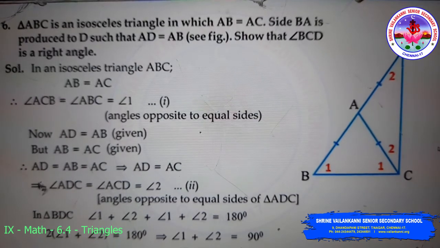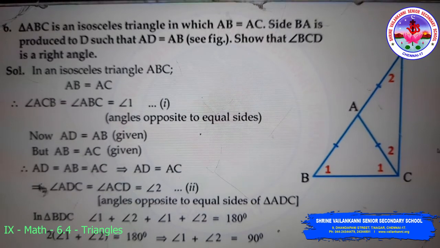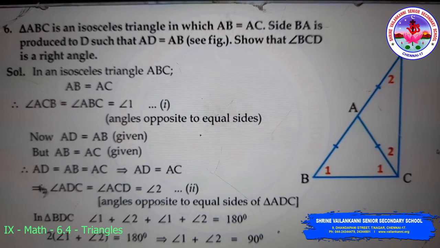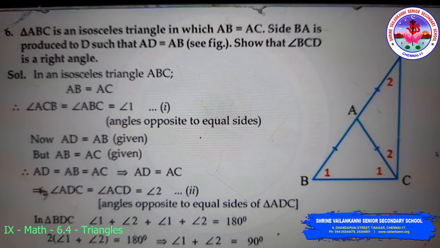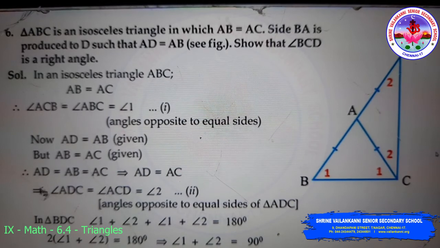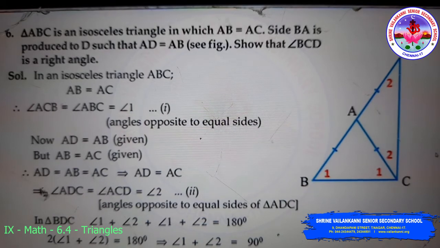Considering triangle BDC, the full triangle, by the angle sum property, the sum of the 3 angles equals 180 degrees. So angle B plus angle C plus angle D is equal to 180 degrees. In triangle BDC, angle 1 plus angle 1 plus 2 plus angle 2 is equal to 180 degrees, which represents the sum of the 3 angles in triangle BDC.